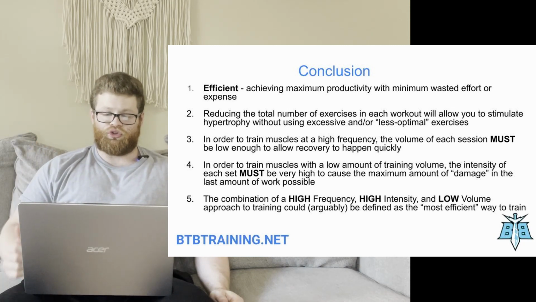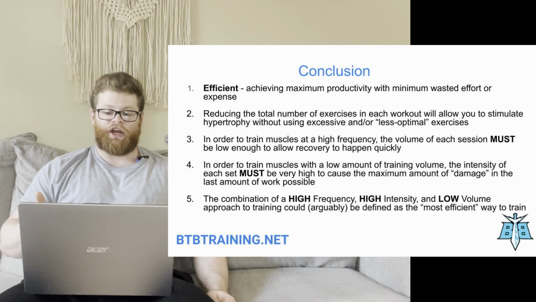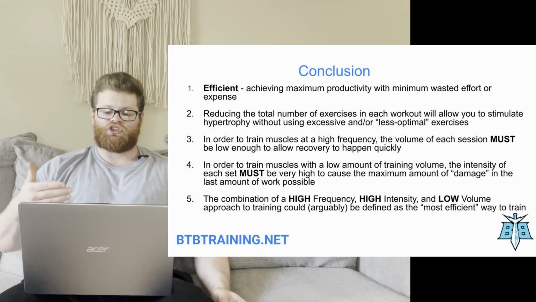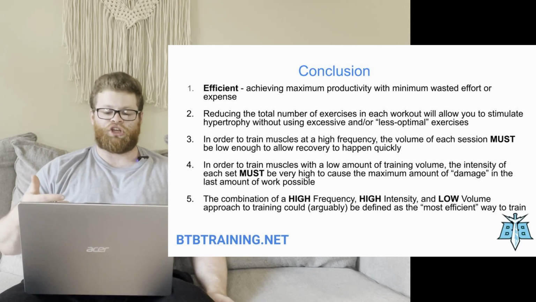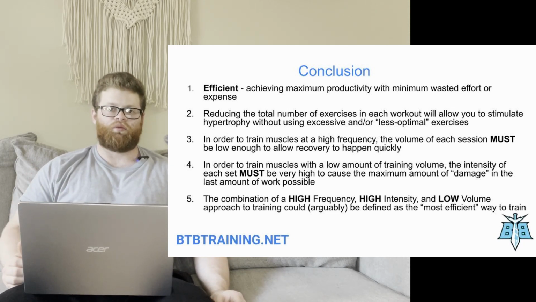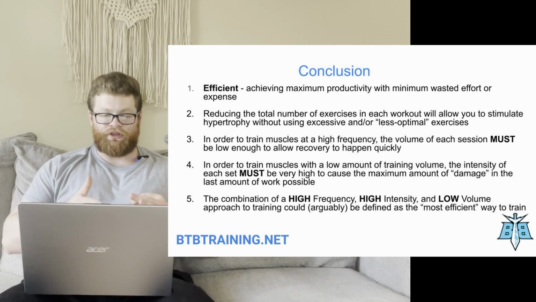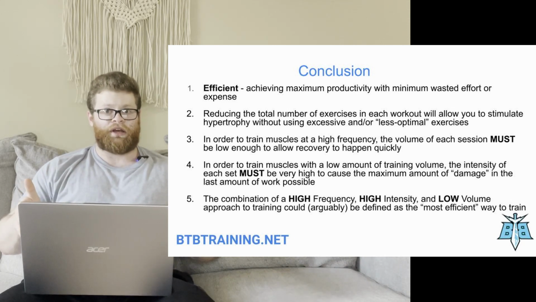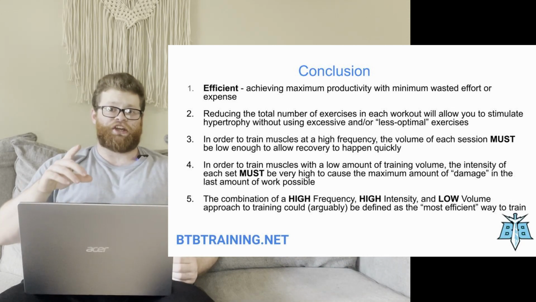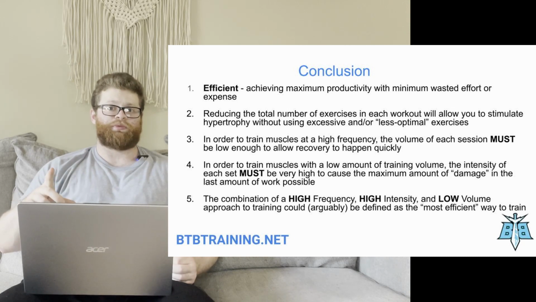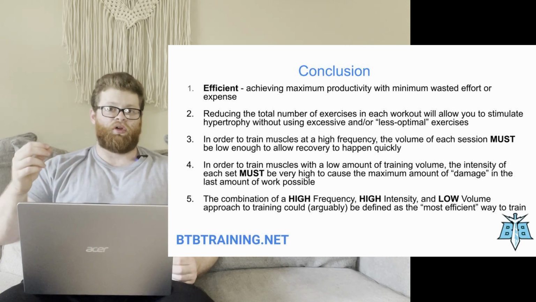In order to train the muscles with a low amount of training volume, the intensity of each set must be very high to cause the maximum amount of damage in the least amount of work. And so that was another point that I talked about in the third inefficiency: by training at higher intensities, we can reduce the level of workload.